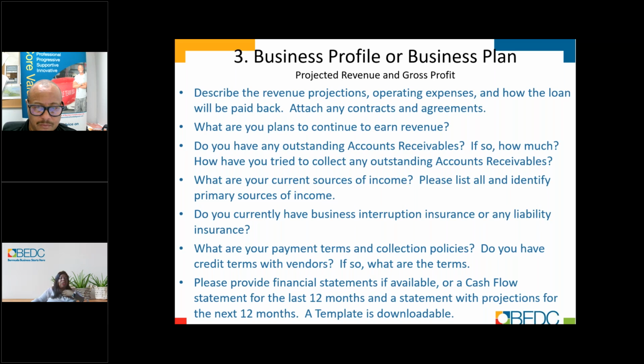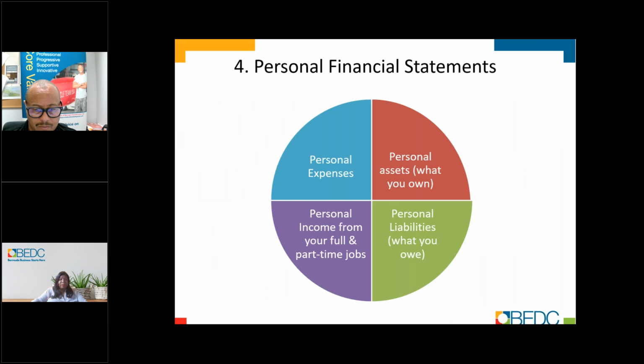So if you got the loan from us or financing, and then you went through your day-to-day operations and implemented the strategies that you want to do, what is your projection of revenue and what are your expenses? Do you have anything solidified by contracts and agreements? How do you intend to pay back the loan? And then the supporting financial statements and documents with it.